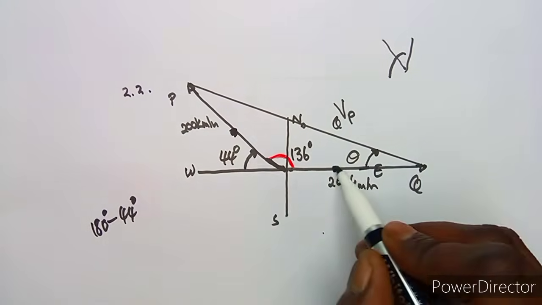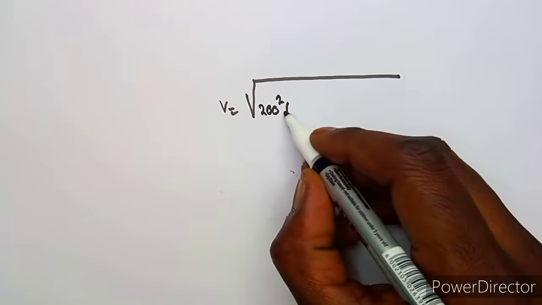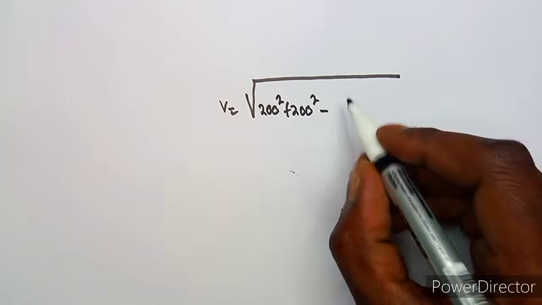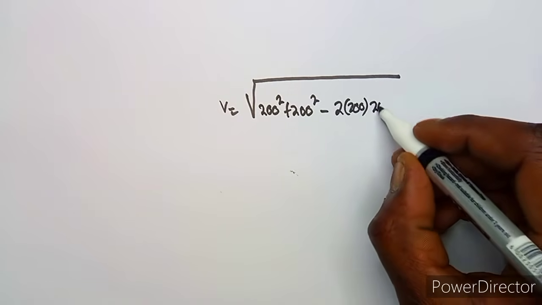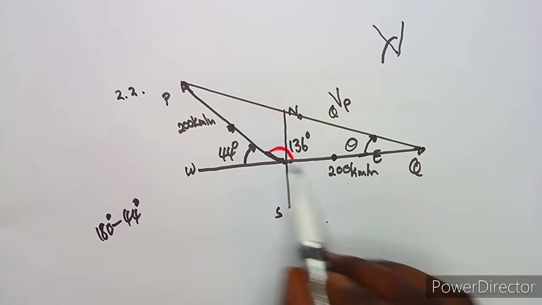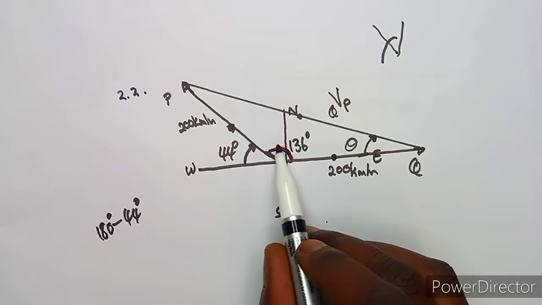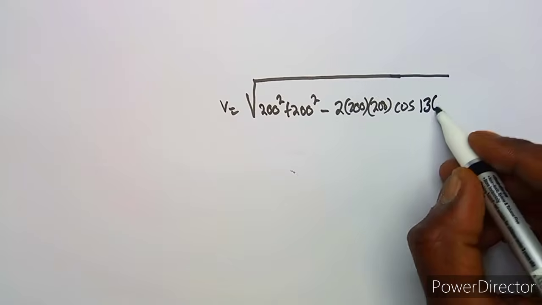So we've got 200 and 200, the same formula that we used last time. So it's 200 squared plus 200 squared minus 2 times 200 times 200 cos of the angle created by these sides, which is 136 degrees.